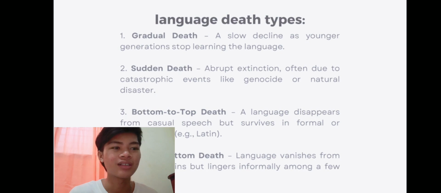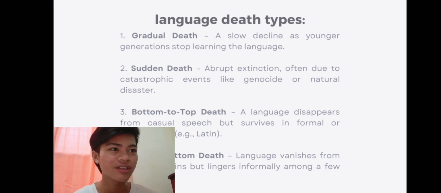Number two, sudden death, happens fast. A war, genocide, or natural disaster wipes out the speakers before the language can even be passed on. So this is the opposite of the first one. The first one is gradual death, slow. Number two is sudden death, fast.